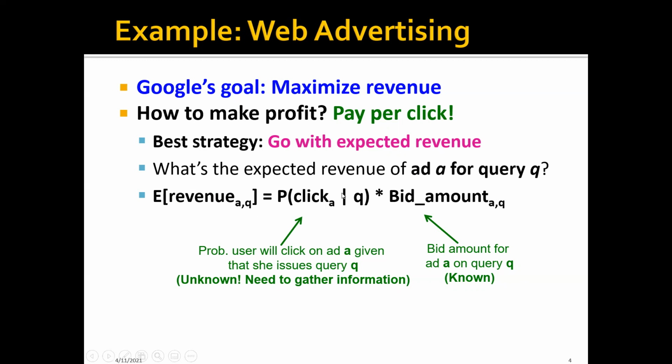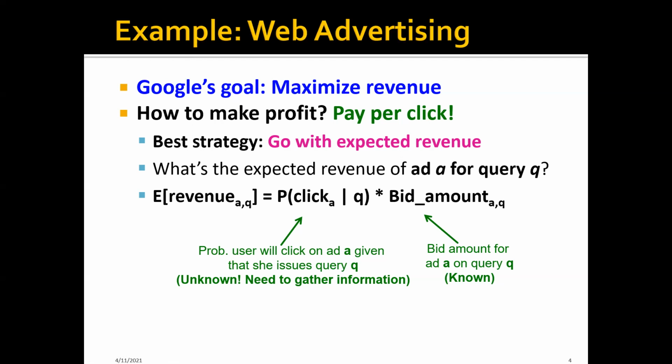Here the CTR is the probability that the user will click on this ad A given a query Q, and the bid amount is the amount of money Google will get if this ad actually gets clicked. If you multiply them, you get the expected revenue for this ad corresponding to this query.